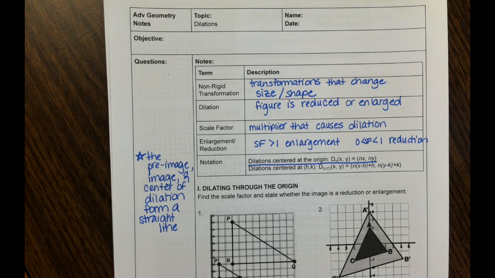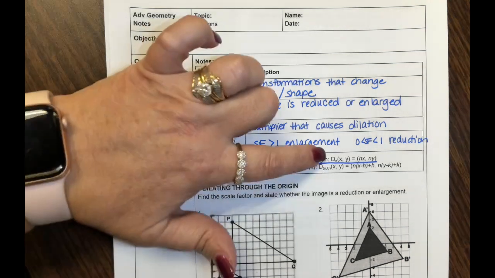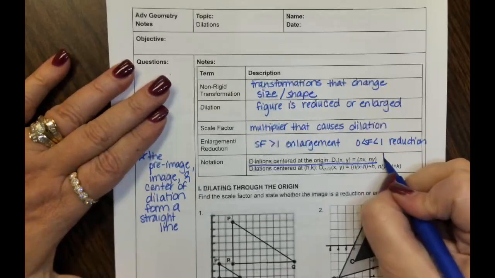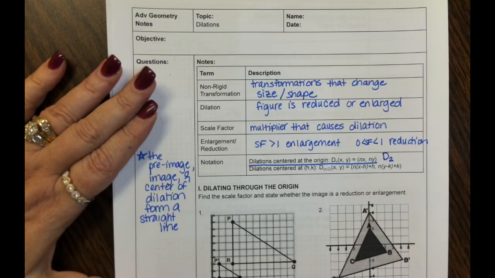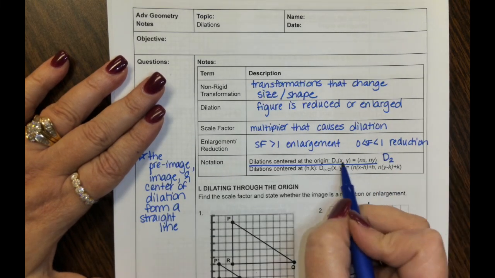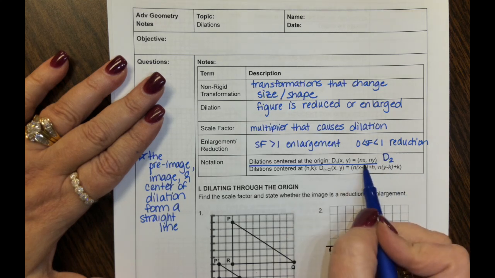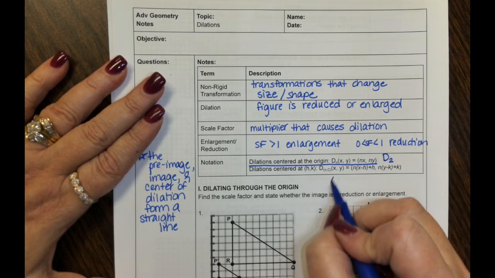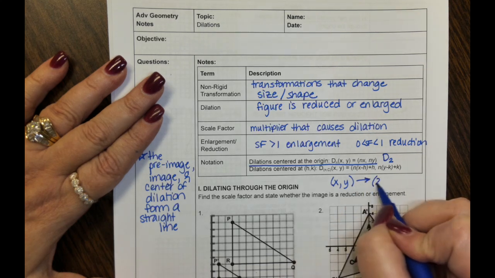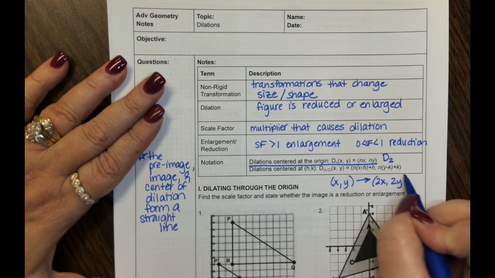The notation that we're going to use is a capital D. So say, for instance, that I want to double my original figure, then I would have a D with a subscript of 2. We often don't put the XY, but all it means is that your XY in the notation we have used before is going to become 2X and 2Y.